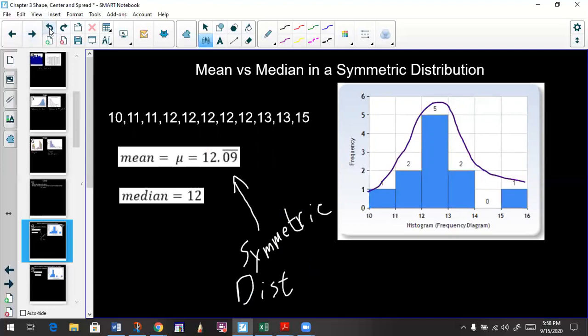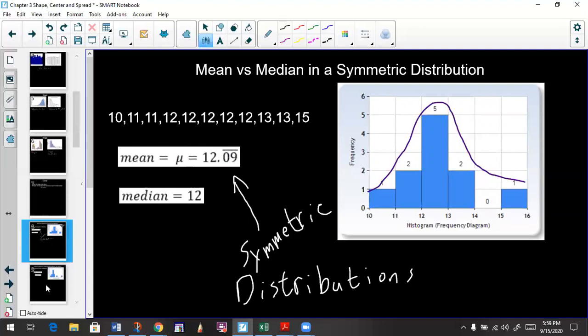But they both do a pretty good job when it's symmetric data. But again, for symmetric data, because it's not perfectly symmetric, the mean's going to do a better job.